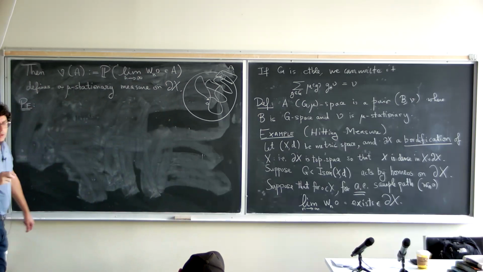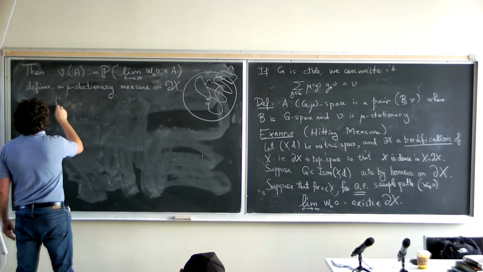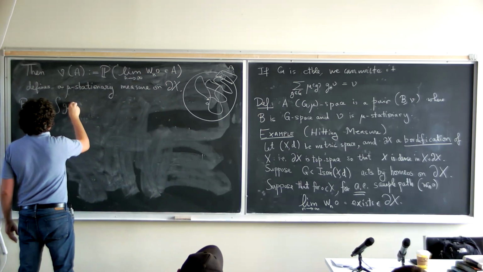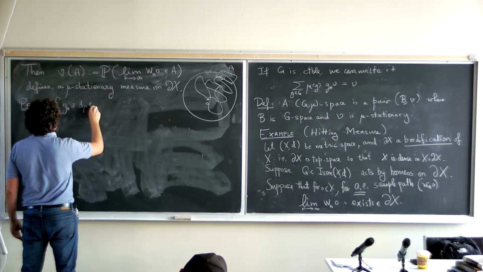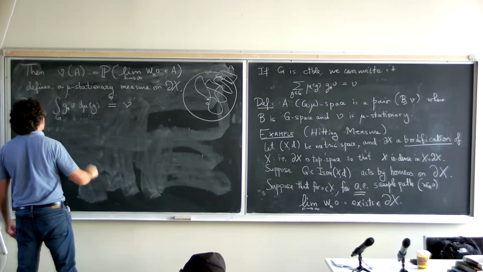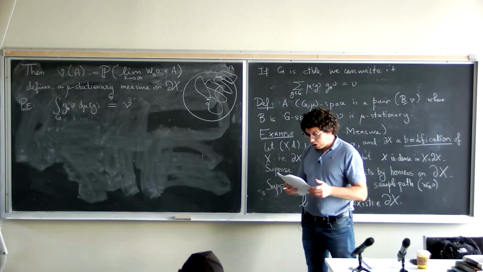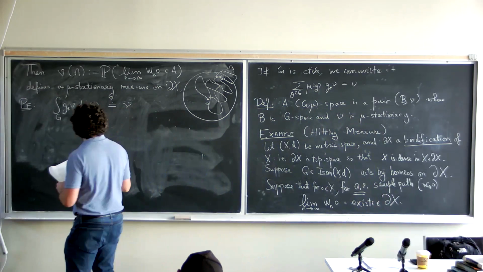So again, what do we have to check? We have to once again check that the integral of g star nu d mu equals nu. So let's try to unravel these definitions.